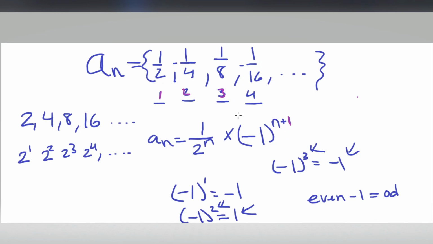From here, we can change the signs. So what did we do here? We had to do three things. One, we had to separate it between its values and whether it's positive or negative. Two, we have to identify how the values change. In this case, we saw that the denominators are just powers of 2, and we could just use that as our rule.